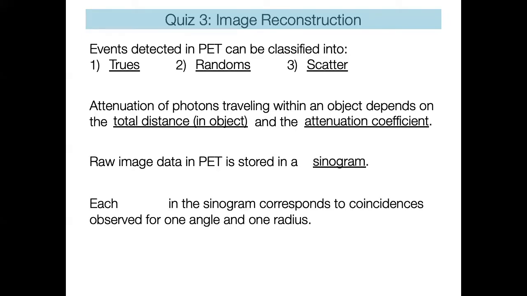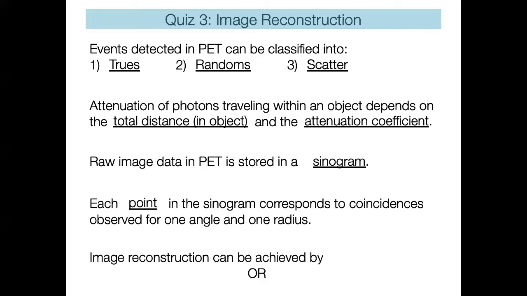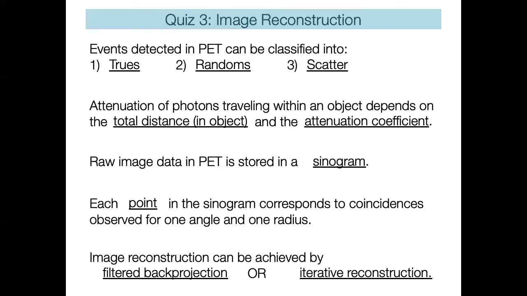And then each point in the sinogram corresponds to coincidences observed for 1 angle and 1 radius. Yes, each point. And then image reconstruction can be achieved by 2 methods. What are they? Direct reconstruction and iterative reconstruction. Yes, so it's filtered back projection or iterative reconstruction. Great, you've passed quiz number 3.